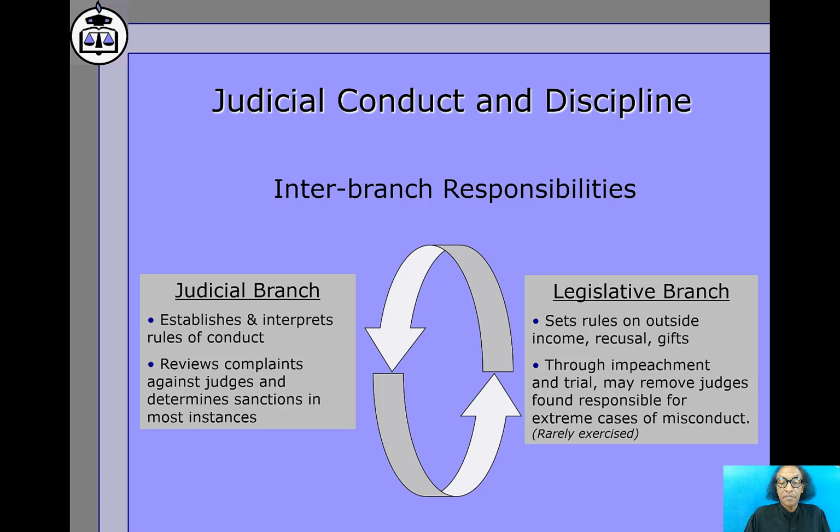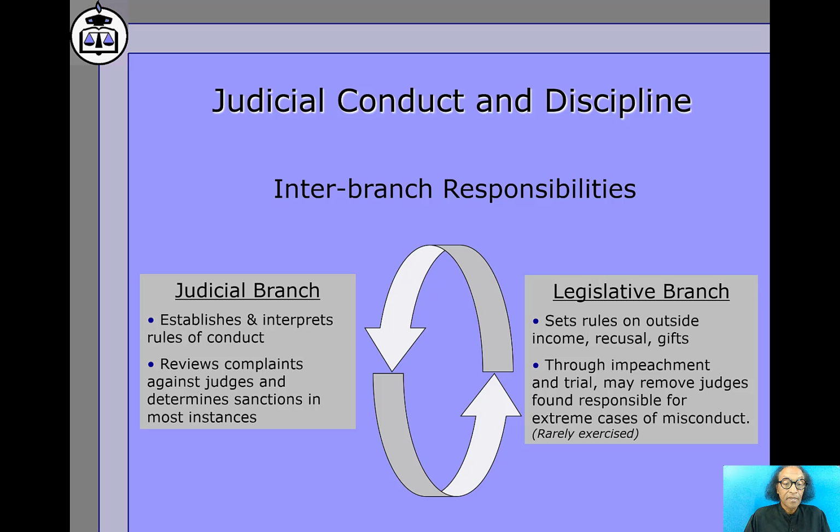Judicial conduct and discipline, of course, from time to time there may be problems on the federal court. Could be problems with ethical issues. It could be issues involving misbehavior, misconduct in terms of duties and obligations.